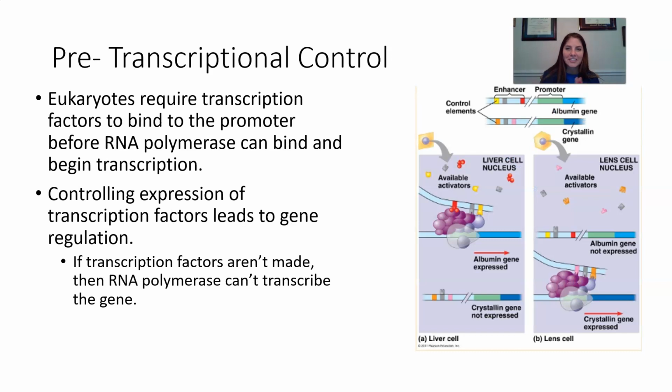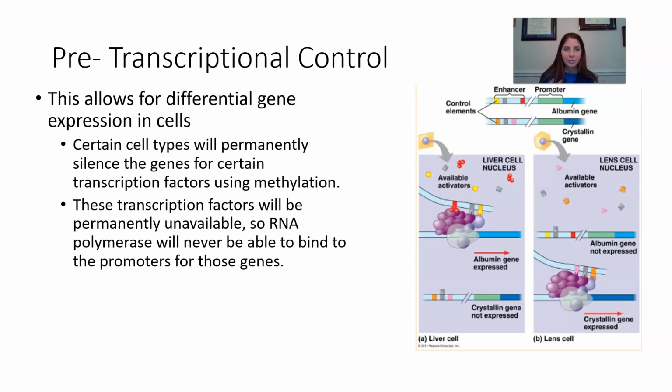So, pre-transcriptional control. Eukaryotes require transcription factors to bind to the promoter region before RNA polymerase can bind and begin transcription. So controlling the expression of those transcription factors leads to gene regulation itself. If the transcription factors aren't made, the RNA polymerase can't drive the gene.